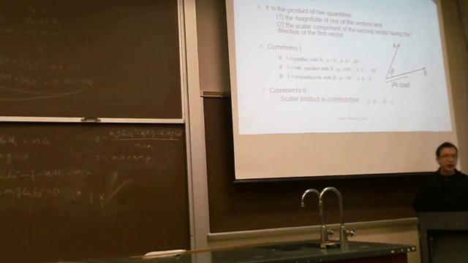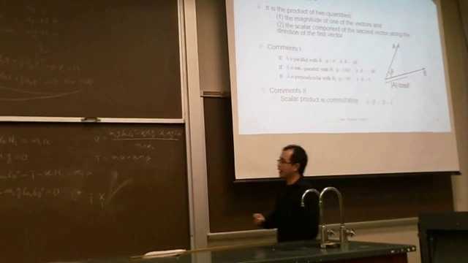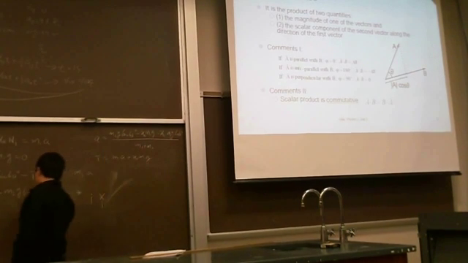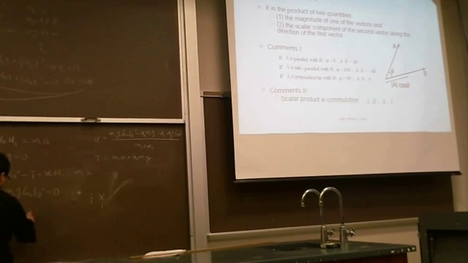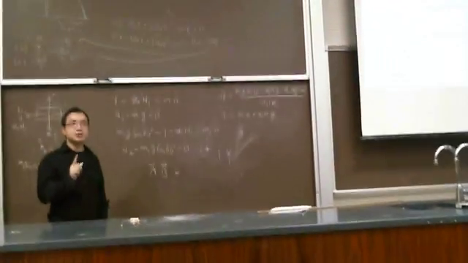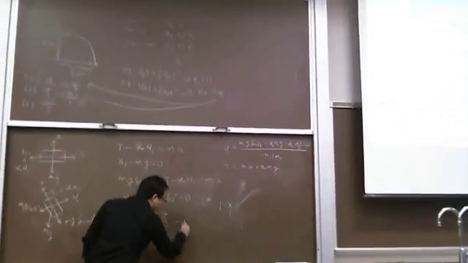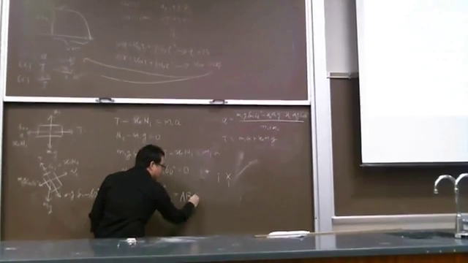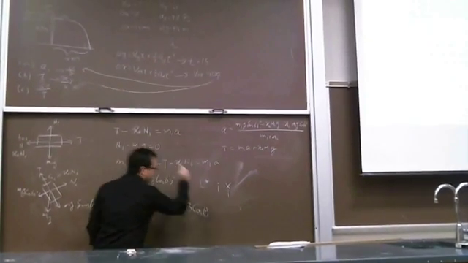So how can we calculate the inner product or dot product? If you have A dot B, it will give you a number, a scalar, which is A multiplied by B multiplied by cosine theta.